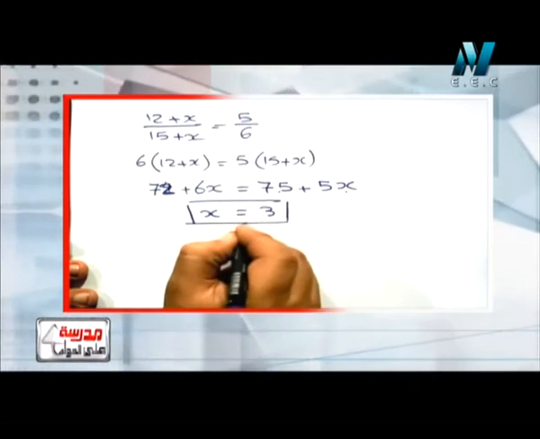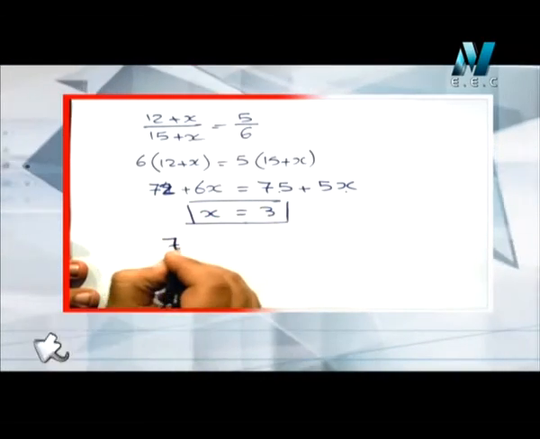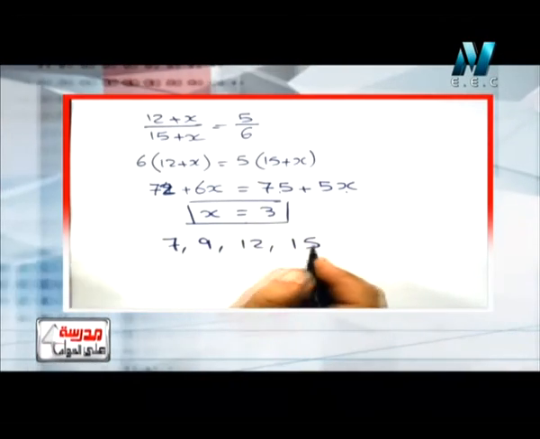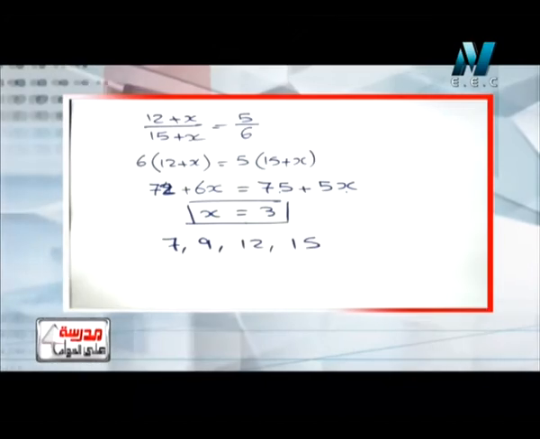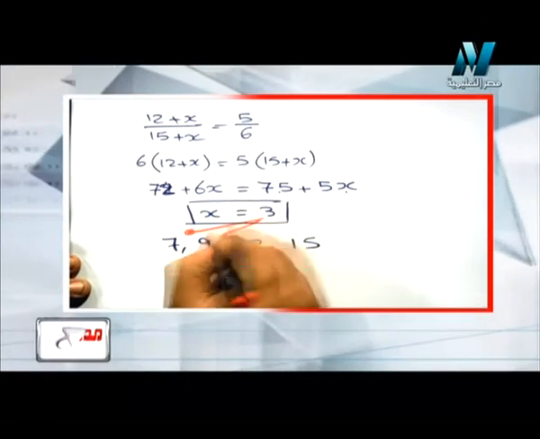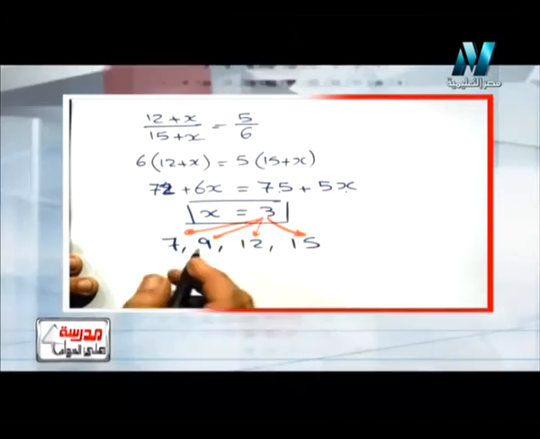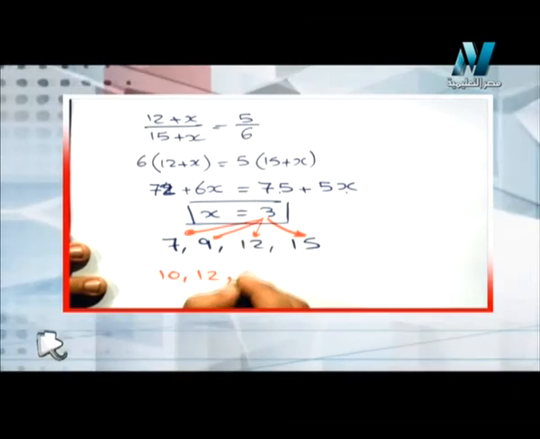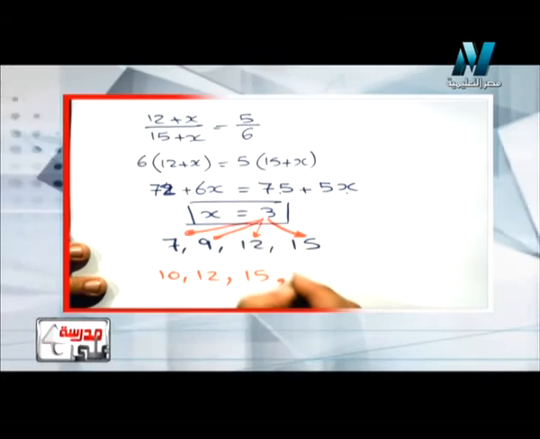This is the number that if I add it to 7, 9, 12, 15, I'm going to form a proportion. And if you want to check your answer, just add 3 to these numbers. So we have here 10, 12, 15, and here's 18.